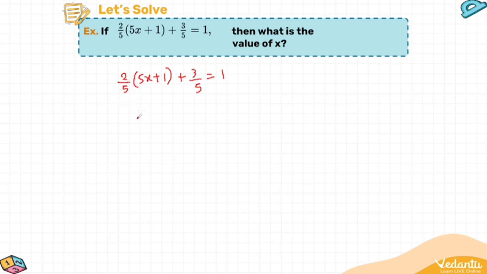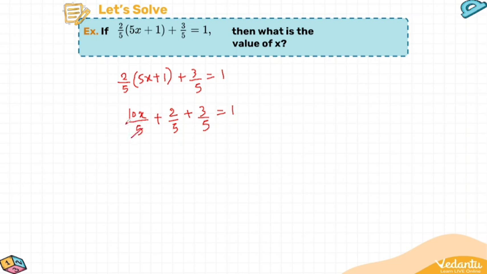So we can multiply it. 2 5s are 10x by 5 plus 2 by 5 plus 3 by 5 equal to 1.